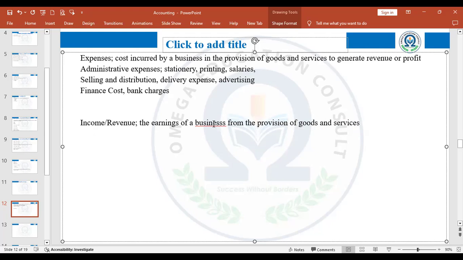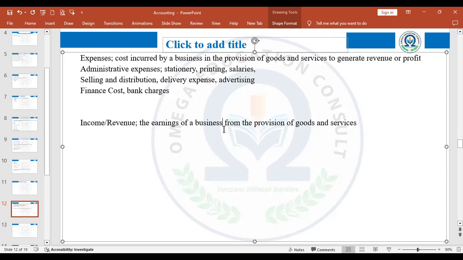So my Indomie business, anytime I sell and my customers pay me something, and after deducting the cost there is a leftover, then I can appreciate that as a profit, right? But when they pay me, the amount I receive for giving them the Indomie is the income or revenue.